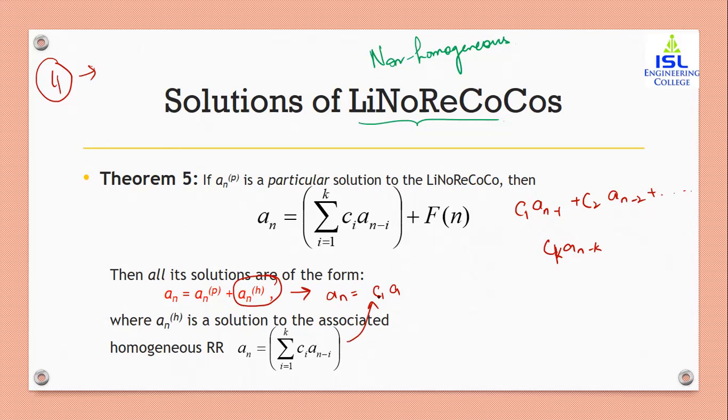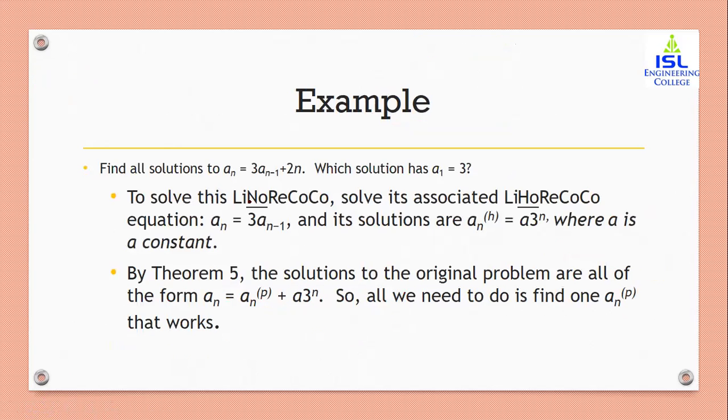I'm just writing it completely instead of the abbreviated form. So this a_n^(h) is the solution for our homogeneous part, and this is the way you use the solution. Now for the same, we will see an example.